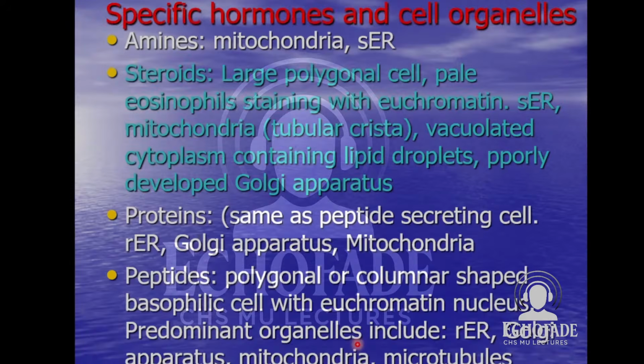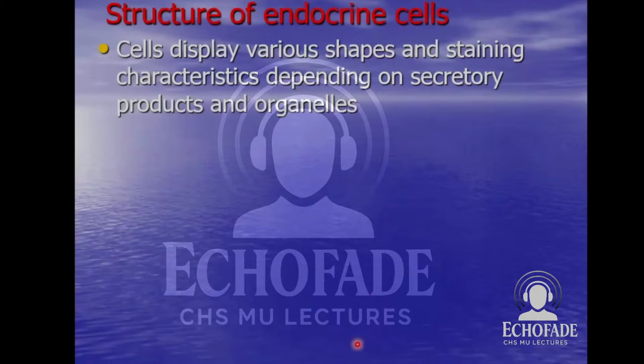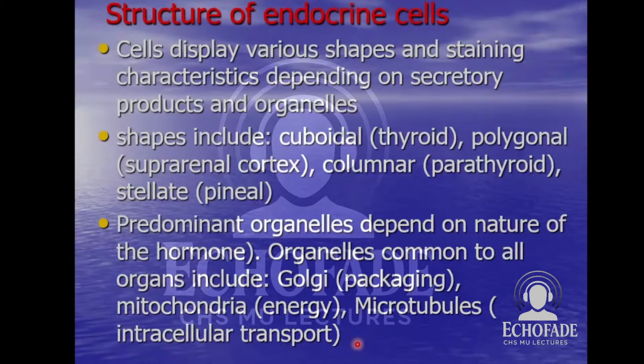Apart from this, we also have some common organelles: the Golgi for packaging, microtubules for intracellular transport, and mitochondria to provide the motive force, the energy, and sometimes enzymes are located within the mitochondria.